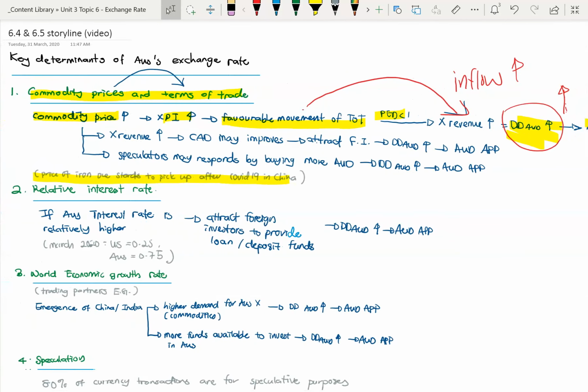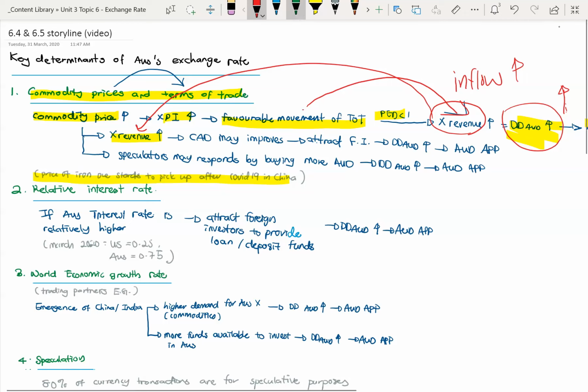As commodity price rises, we also see export revenue rises. We have already mentioned that, so I'm just putting it here and not repeating the whole thing. With export revenue rising, most likely your CAD would improve, assuming ceteris paribus. When CAD improves, you will attract foreign investors.